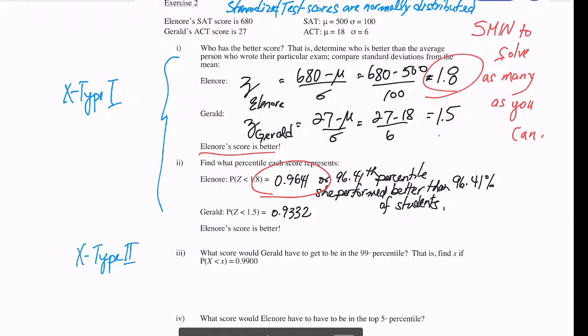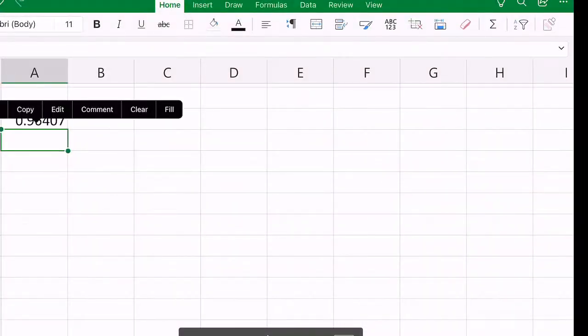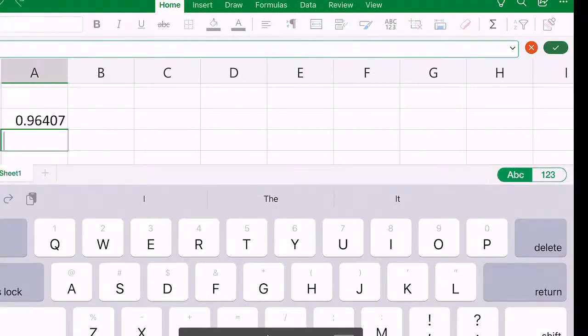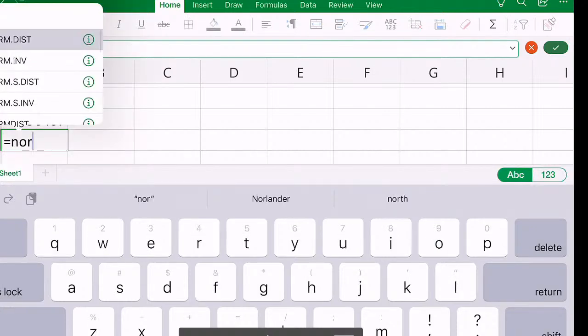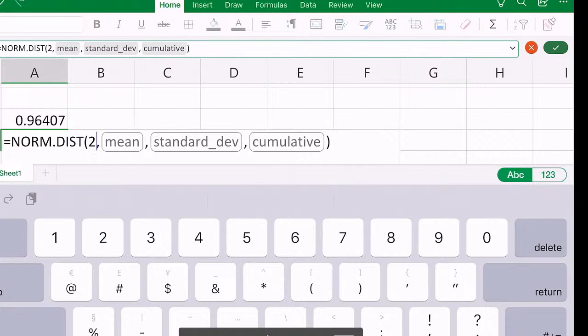You want me to do it for Gerald as well? So for Gerald, Gerald got 27 on a test where the mean is 18 and the standard deviation is 6. I'm going to again press equals and choose norm dist, and I'm going to say he got 27, 18 and 6.